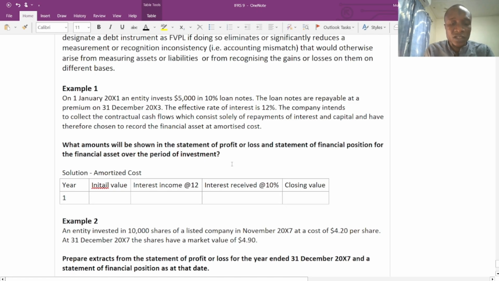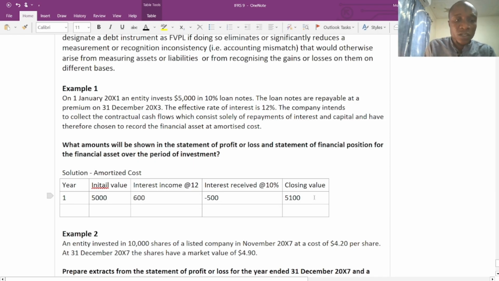Year one, the initial value is 5,000, which is simple: 12%, 0.12 multiplied by 5,000, is 600. 10% is 500. So the answer will be 5,100. Year two, 5,100, nothing changed. 12%, 5,100 multiplied by 0.12 will give us 612, and the interest received will be the same throughout.